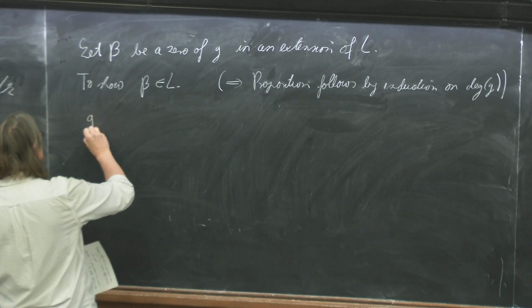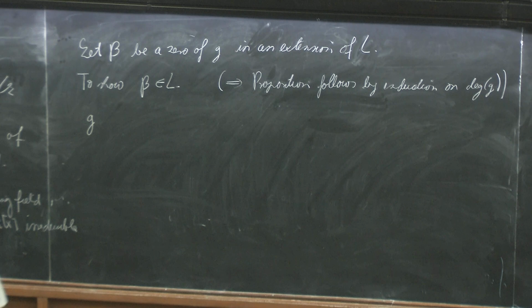So for G now we again use first the extension of field isomorphisms to simple algebraic extensions.